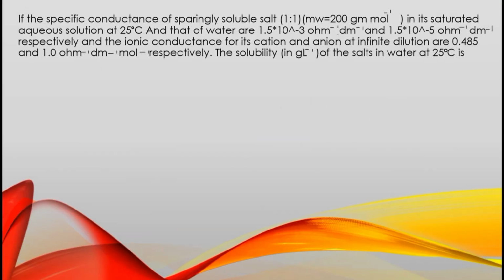Next problem. If the specific conductance of a sparingly soluble salt in the ratio 1:1 and the molecular weight is equal to 200 gram mole inverse in its saturated aqueous solution at 25 degrees Celsius, and that of water are 1.5 into 10 raised to minus 3 ohm inverse dm inverse and 1.5 into 10 raised to minus 5 ohm inverse dm inverse respectively, and the ionic conductance for its cation and anion at infinite dilution are 0.485 and 1 ohm inverse dm inverse mole inverse respectively, then the solubility in gram liter inverse of the salt in water at 25 degrees Celsius is.